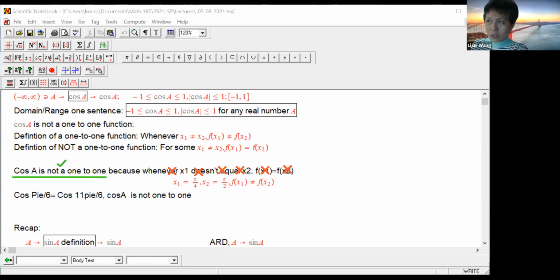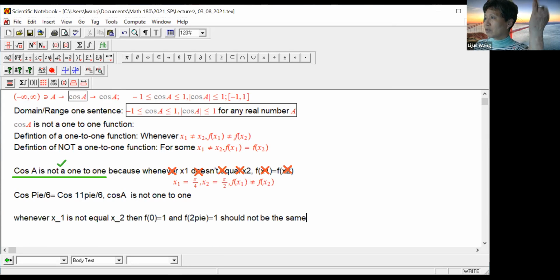So your words here, like whenever, I'm going to copy this and put it over here. I'm just going to show you how to make the correction. First of all, this whenever is not the right word to use. Well, x1 is not equal to x2, f of 0 equals 1, f of 2 pi equals 1 should not be the same.